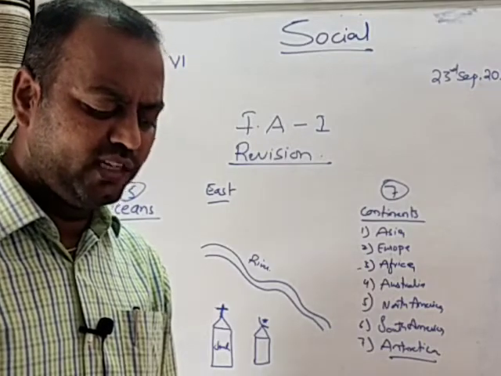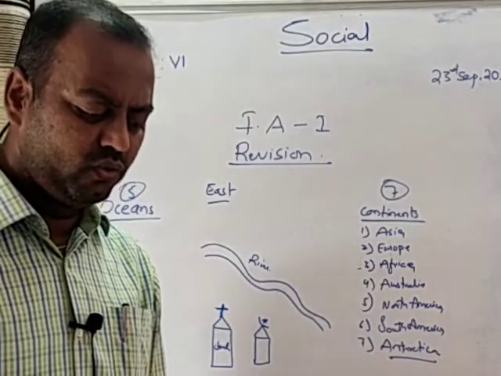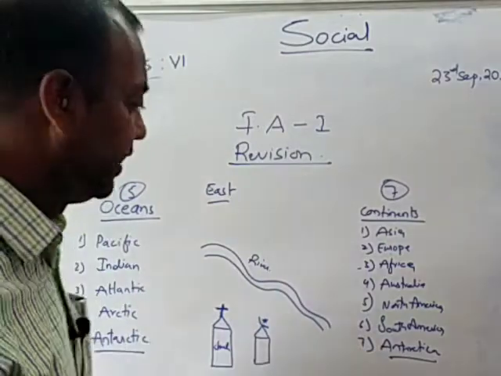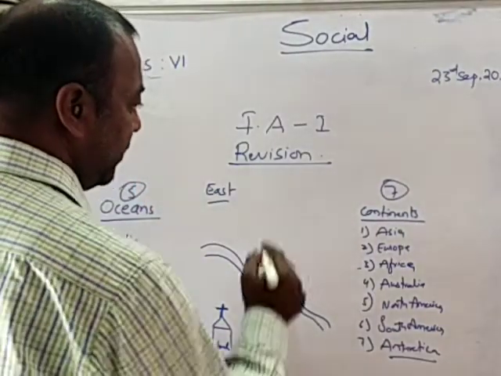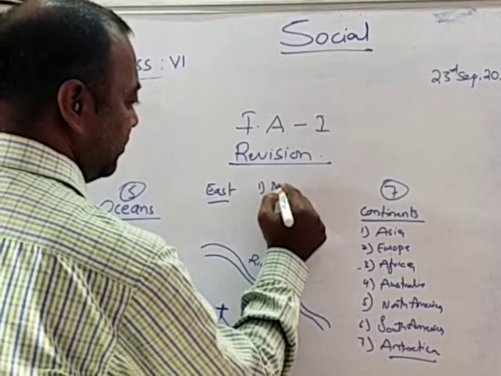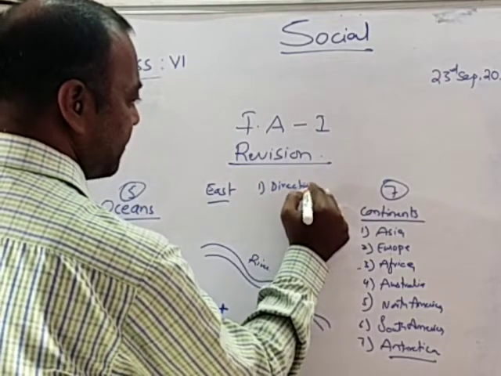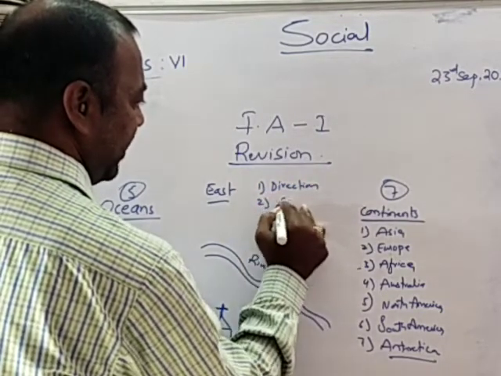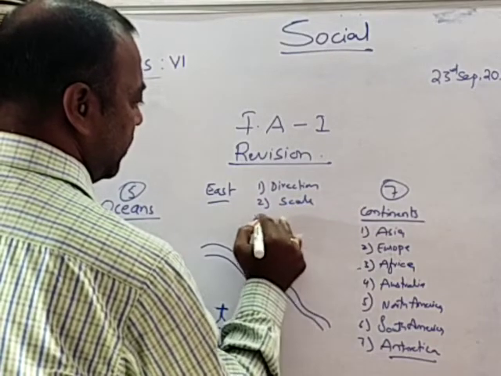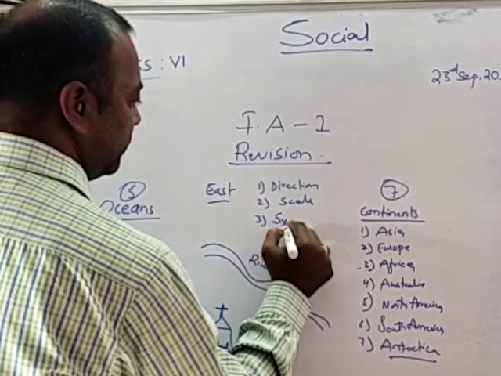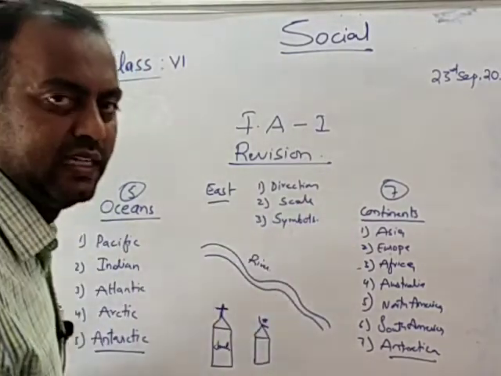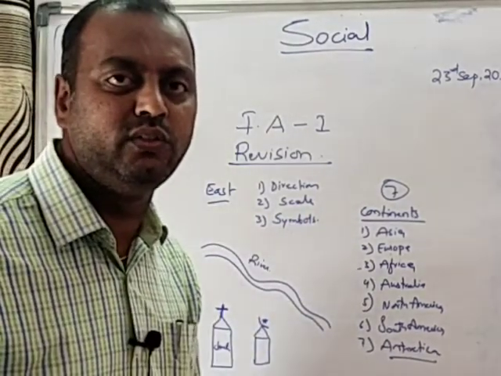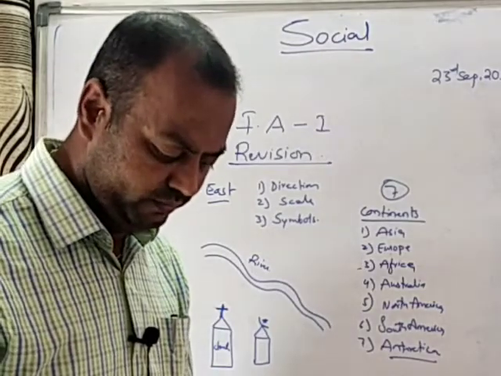And how do we know the actual distance between places? Through the scale mentioned on the map, we can understand. There are 3 things required to prepare a map. One is the directions, second one is the scale, and third one is the symbols. These are the 3 things required in order to draw a map.